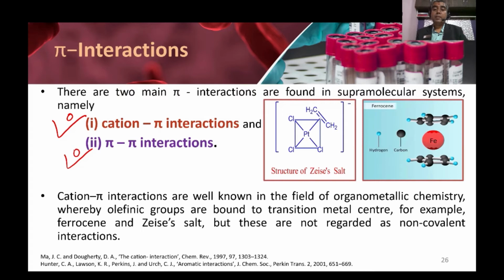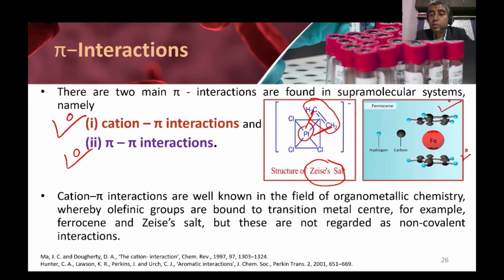We can see in the figure Zeise's salt, where this alkene CH2 double bond CH2 is bound to this platinum transition metal like this. And in the ferrocene, two cyclopentadienyl rings, the top one and bottom one, it is also called a sandwich type of compound.